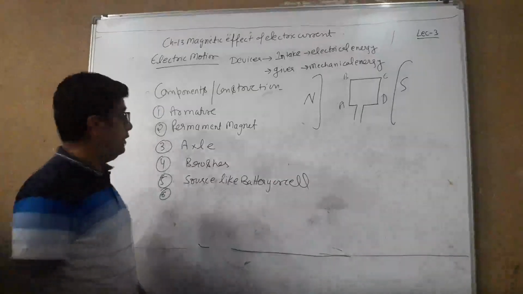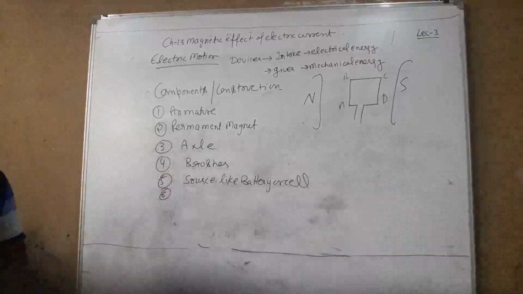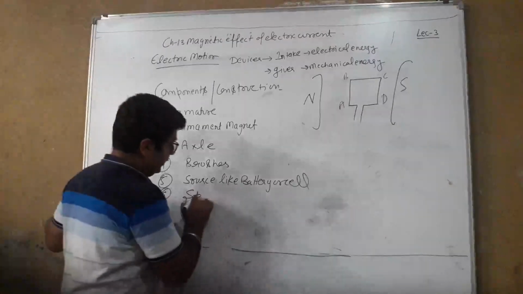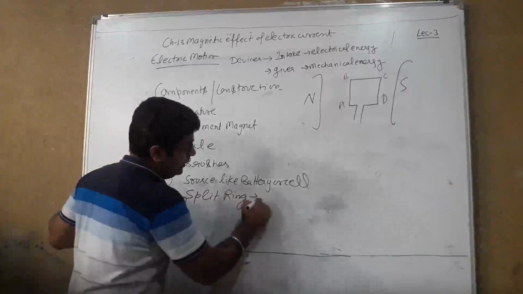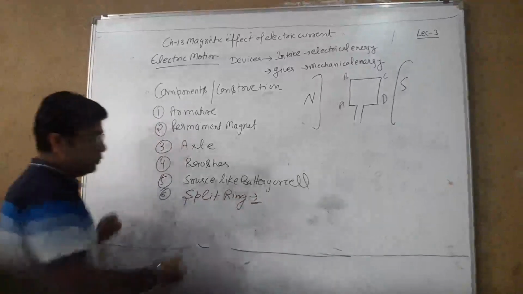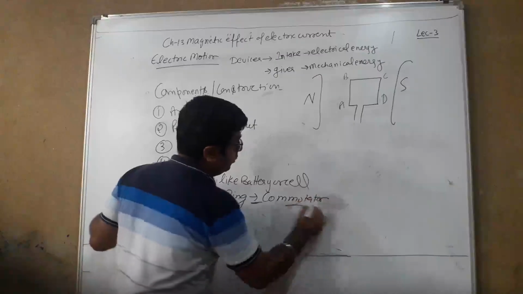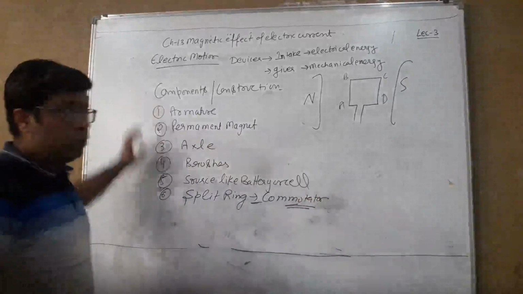I think the axle is done. What else remains? Yes, the split ring. Important point: the next important thing is the split ring, very important, also known as the commutator.